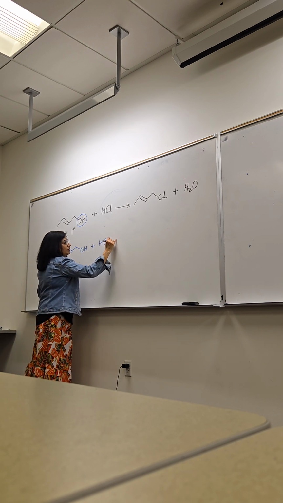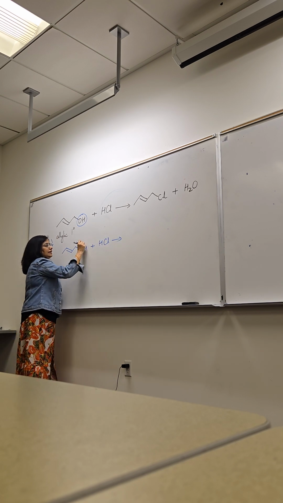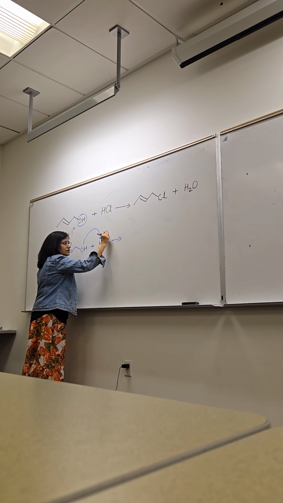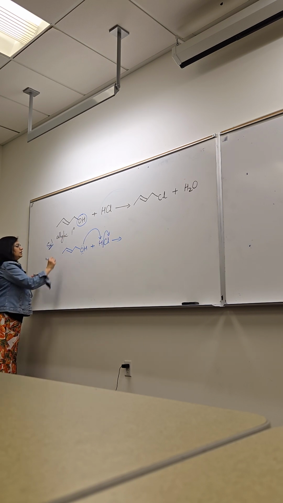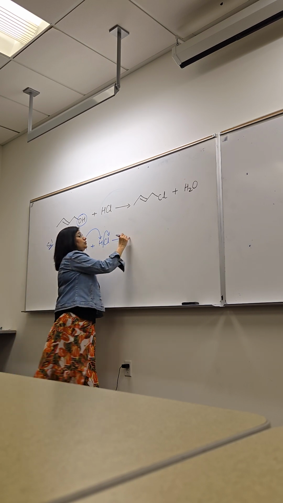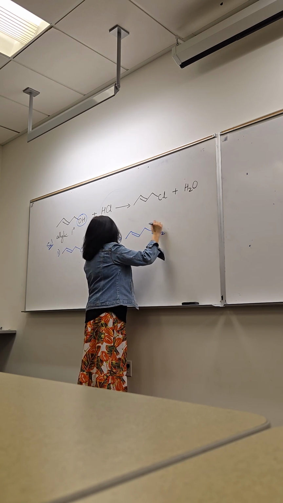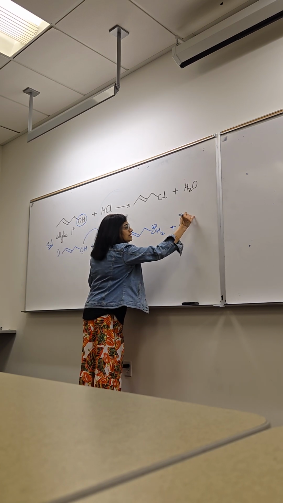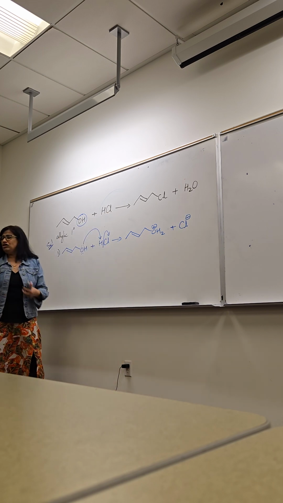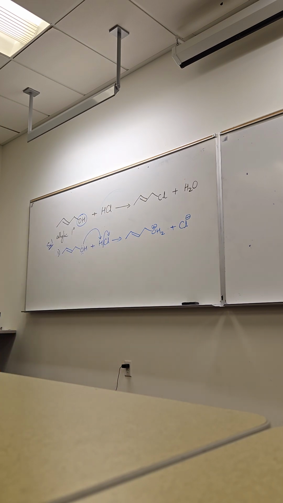So this is an acid-base reaction, not a substitution step. But the bad leaving group becomes a good leaving group. That's the same in both. It didn't matter whether it's SN1 or SN2, we need a good leaving group. We good, everybody? Now we are ready for SN1 because we have a good leaving group.